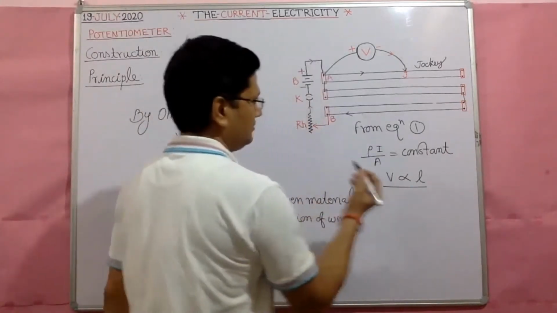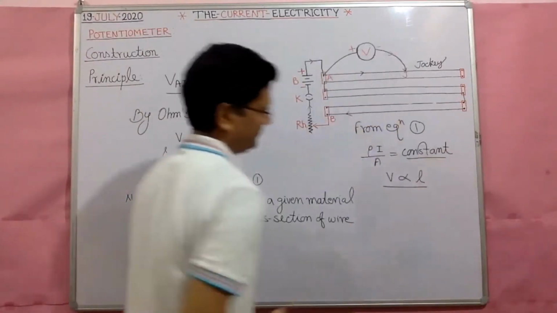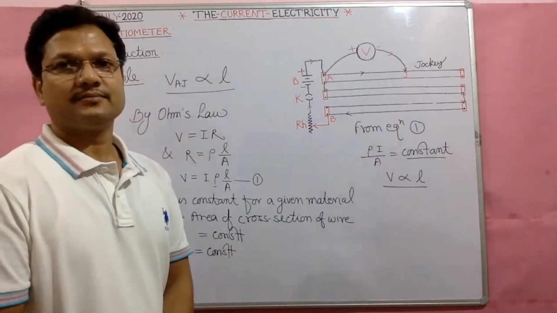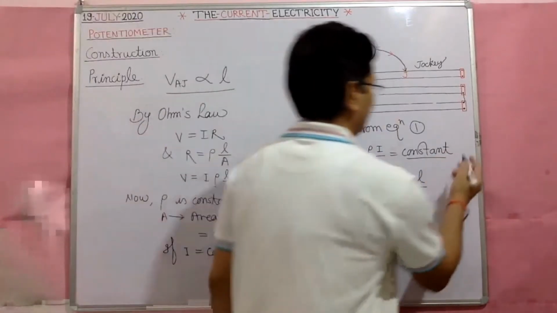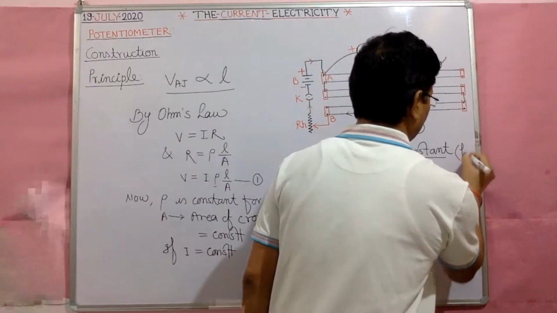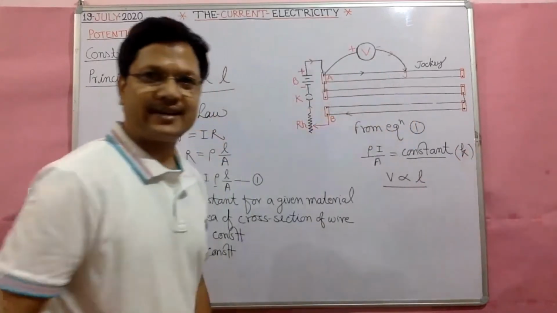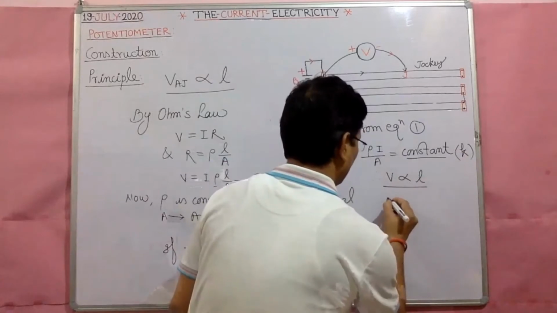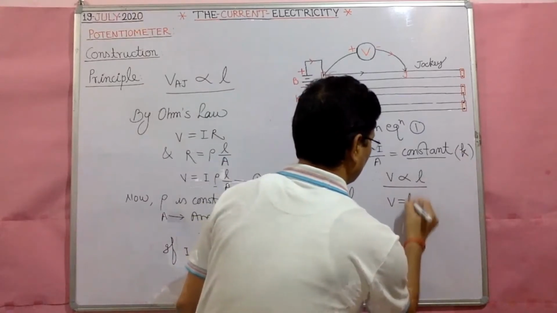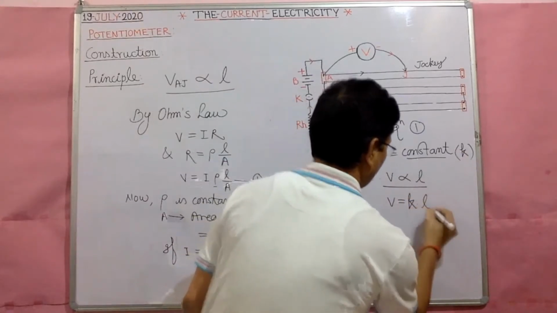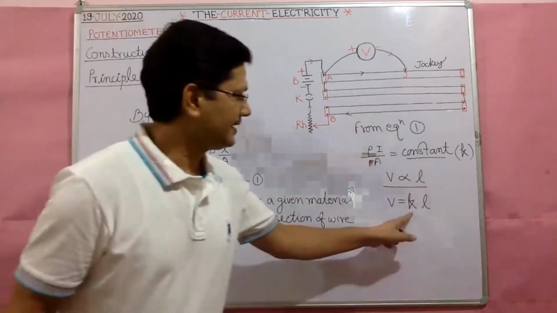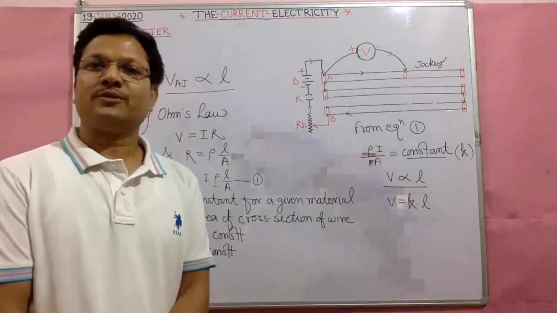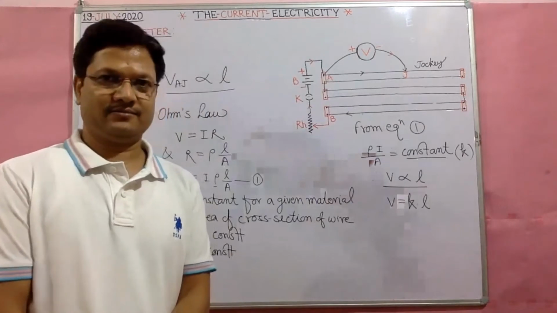Now, this constant is generally represented by a small k. So, V is equal to kL. And this k is known as the potential gradient.